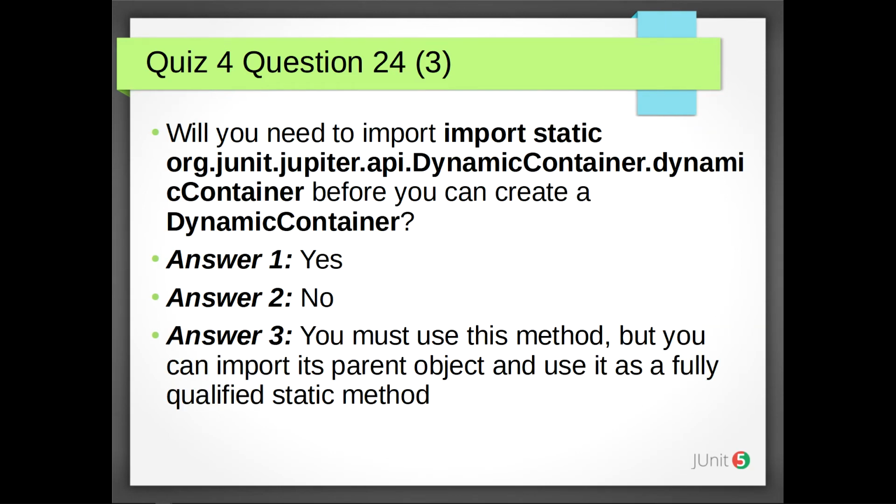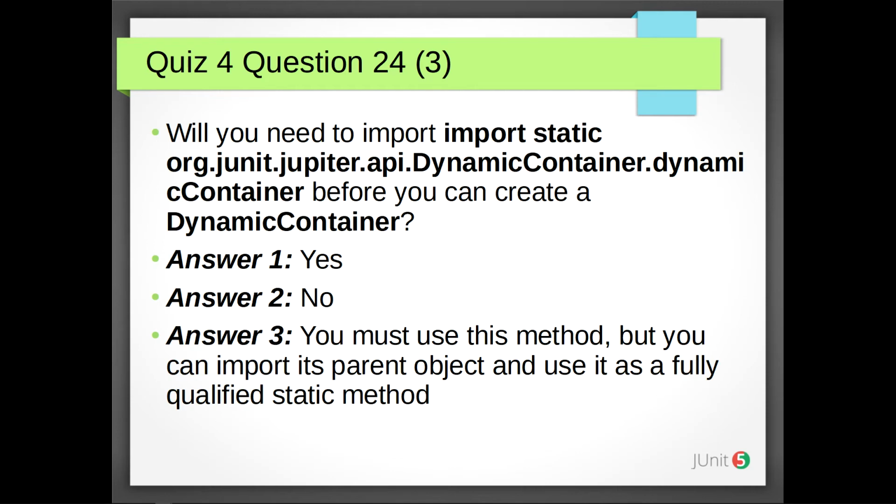Quiz 4, question 24. Will you need to import static org.junit.jupiter.api.DynamicContainer.dynamicContainer before you can create a dynamic container? Answer 1. Yes. Answer 2. No. Answer 3. You must use this method, but you can import its parent object and use it as a fully qualified static method. So that's a tricky question.